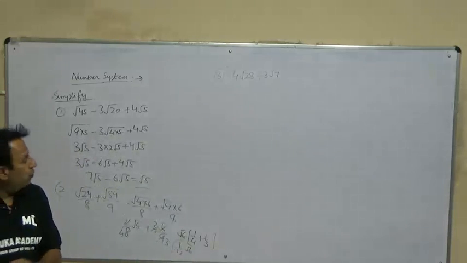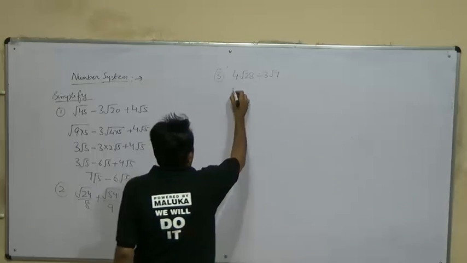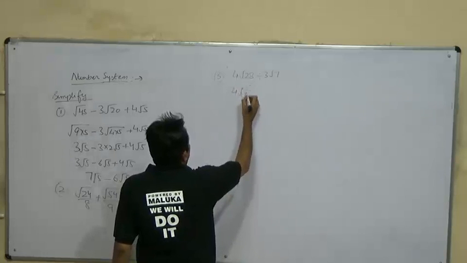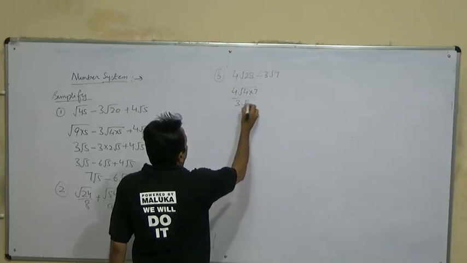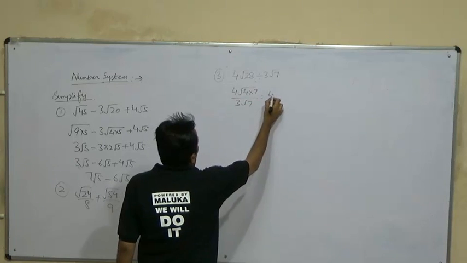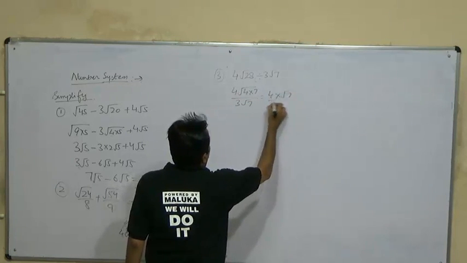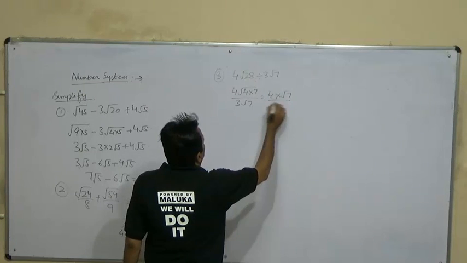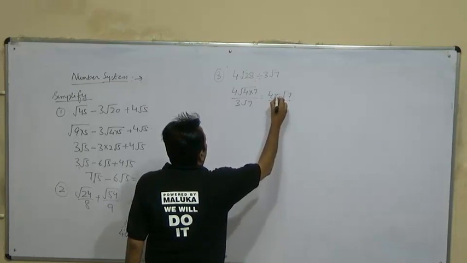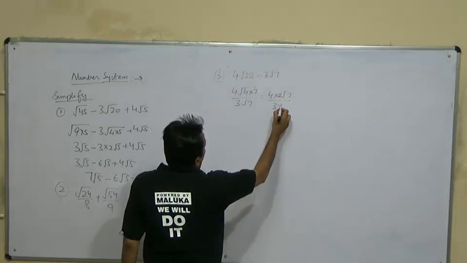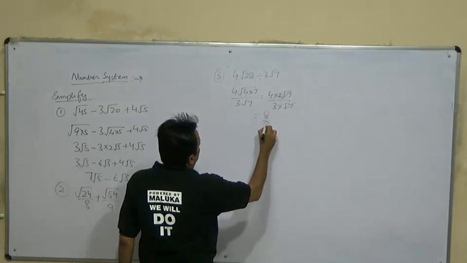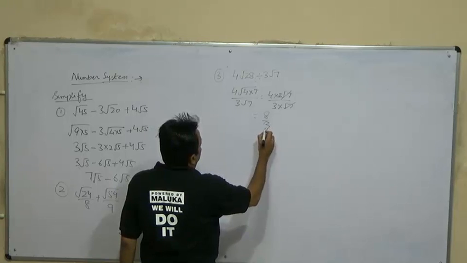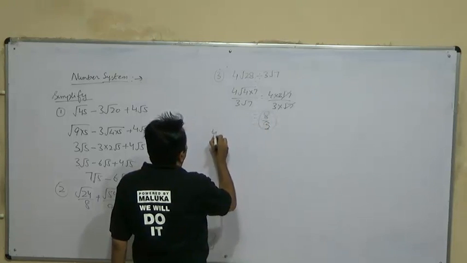So what we have to do, this is 4 into √7 upon 3√7. So this is 4 into 2√7 upon 3√7. So these two cancel out, and this comes out to be 8/3.